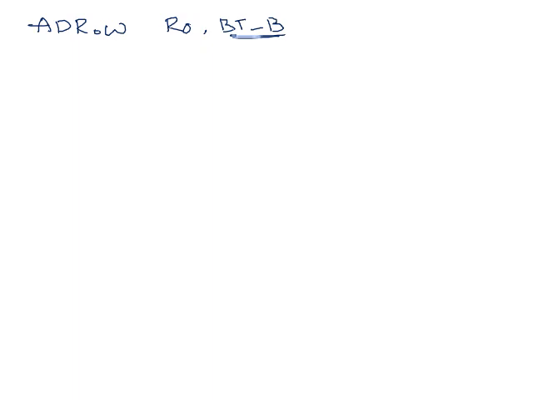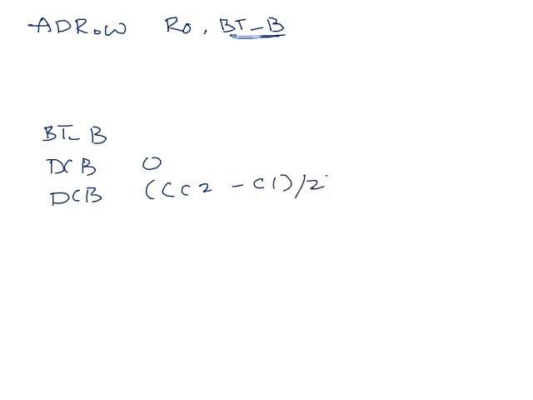Here I can specify DCB as 0. DCB is define constant byte, something like case 2 minus case 1 divided by 2. If this is the condition, it will check here.